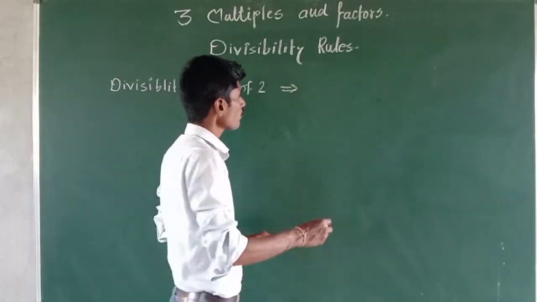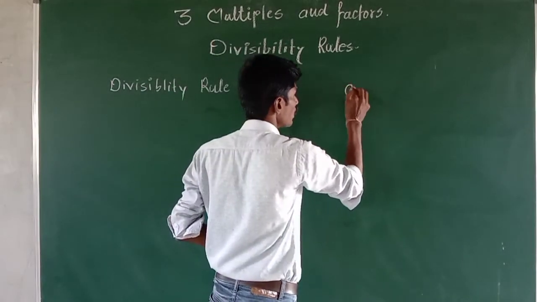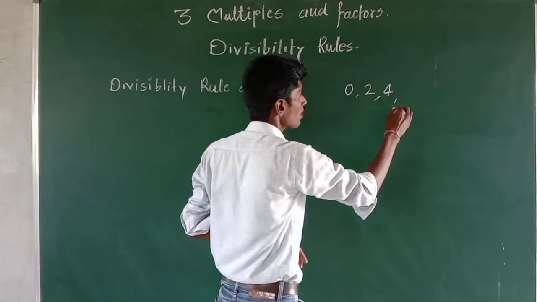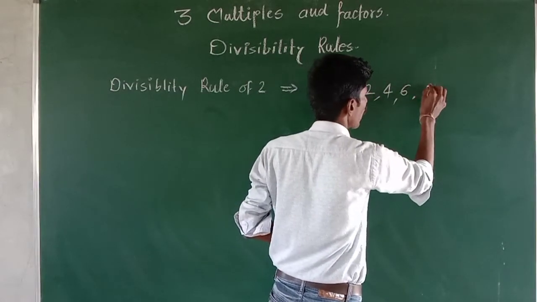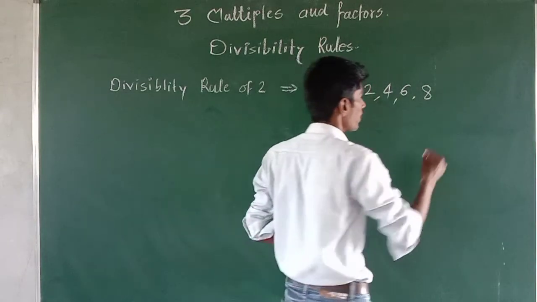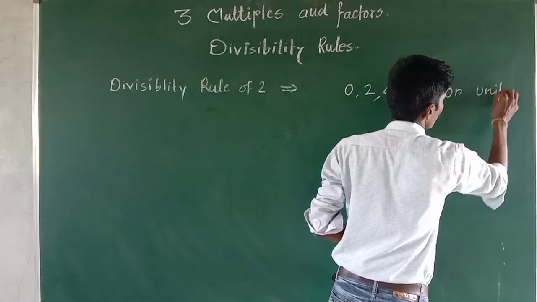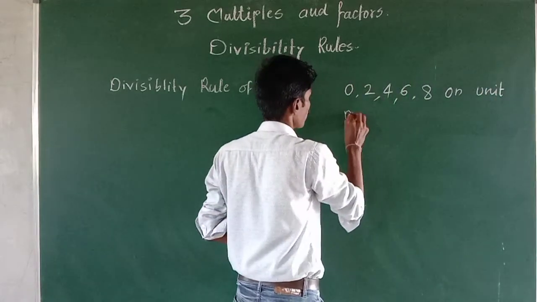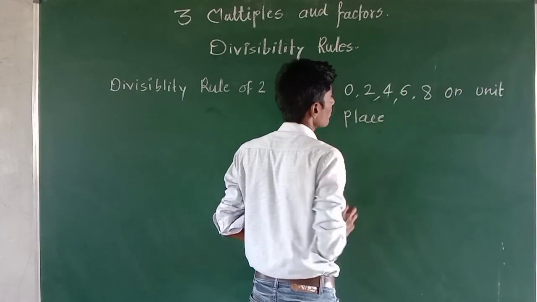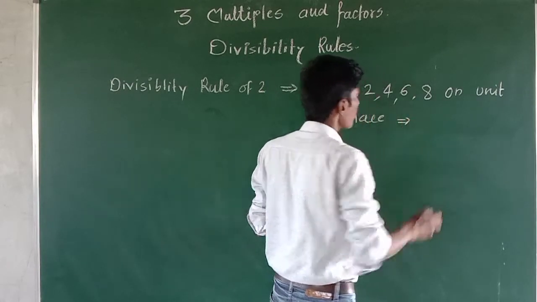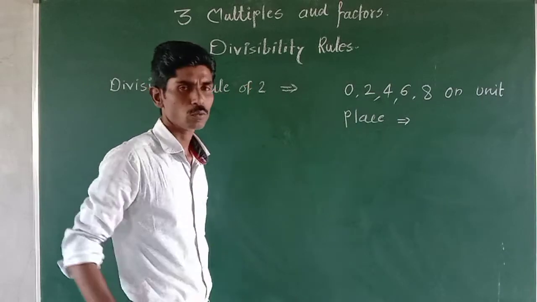Suppose there is a 0, 2, 4, 6 or 8 on the unit place, then all such numbers are divisible by 2.